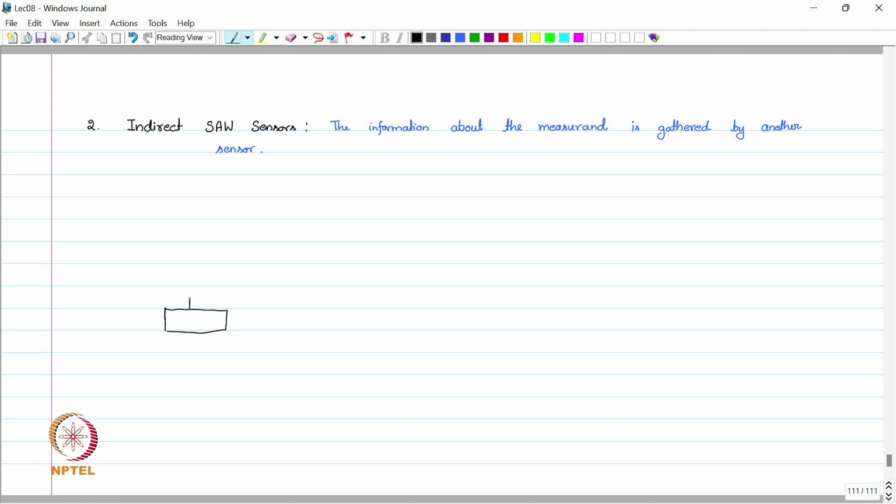On this we have a radar or something which sends the signal. So this is our base station, and this sends the signal outside, and we have an object.